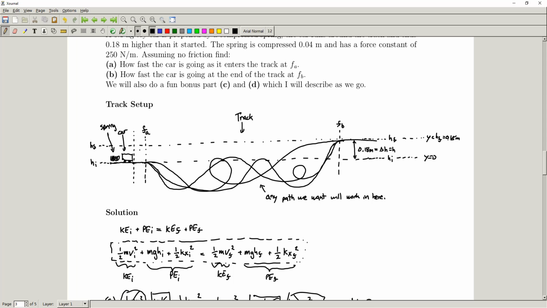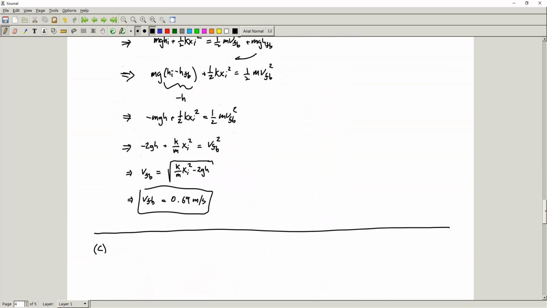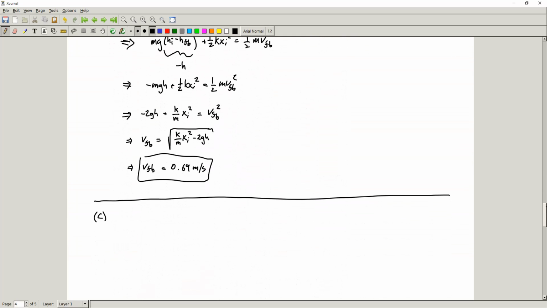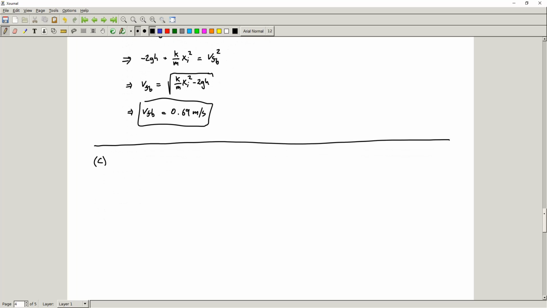All we're doing is looking at different snapshots of what's happening in the system, but we would expect the same results. At point final A we're going to have some initial velocity of 2 meters per second and some final velocity of 0.69 meters per second, right? So let's see if that's what we actually end up finding using the tools that we have here.